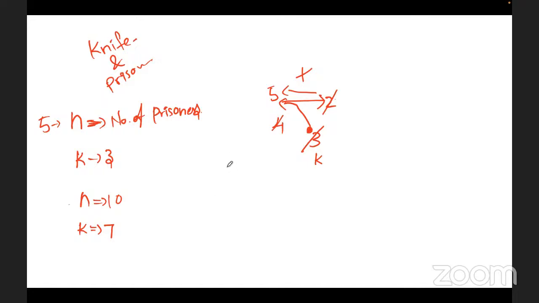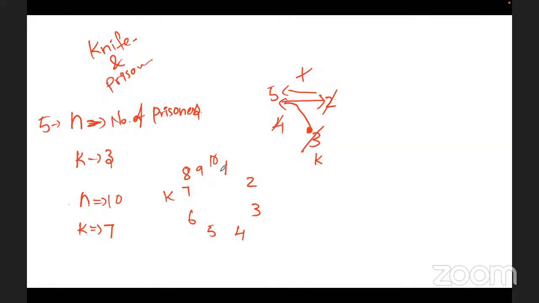So here is a circle: 1, 2, 3, 4, 5, 6, 7, 8, 9, and 10. Okay. So in these 10 people, I gave the knife to number 7.